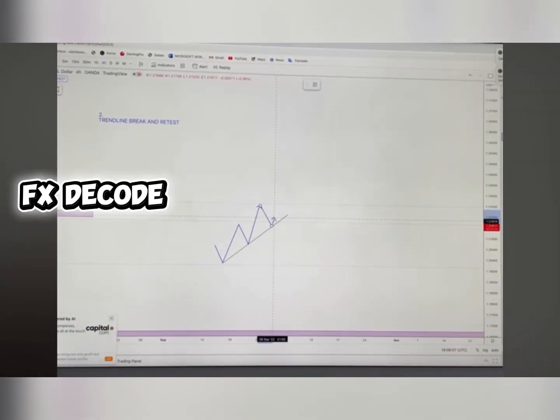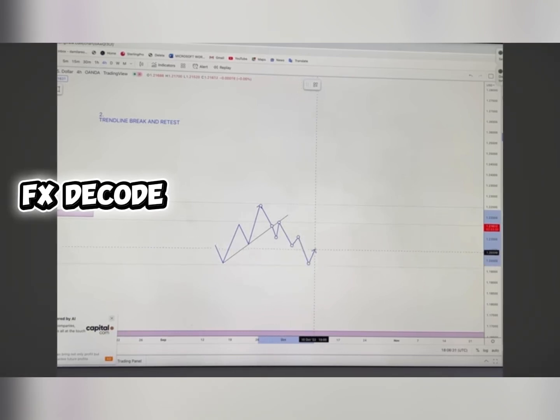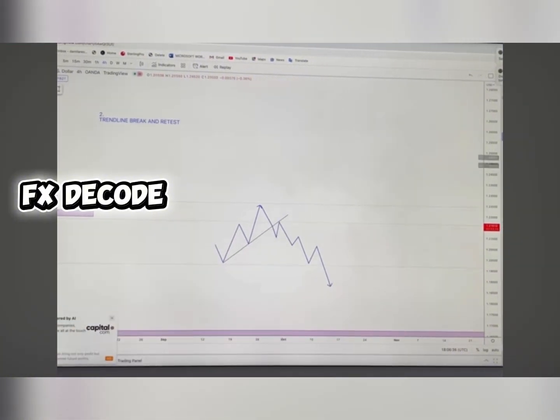But in this case, if a trend line break happens, most of the time you might see a retest of the trend line, back to where it's broken, and then you start seeing a downtrend move of this market, something like that. So literally, this is the break and retest that you have there on the trend line.